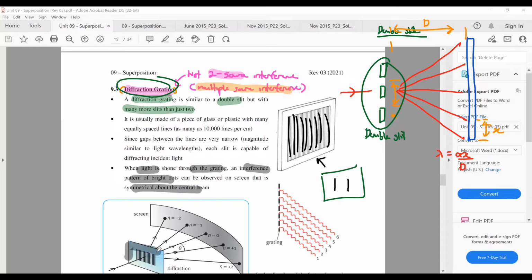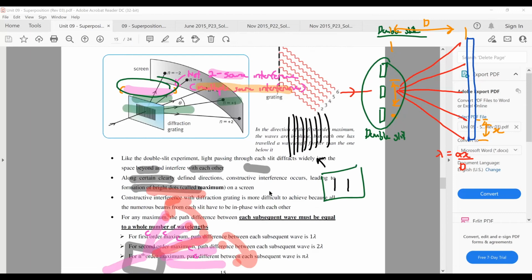If this one is showing your diffraction grating, you shine light through it and the beams of light will separate. These beams of light represent your regions of constructive interference. So if you place a screen behind, you end up seeing bright dots of light that are symmetrical about your central beam. This is your central beam.